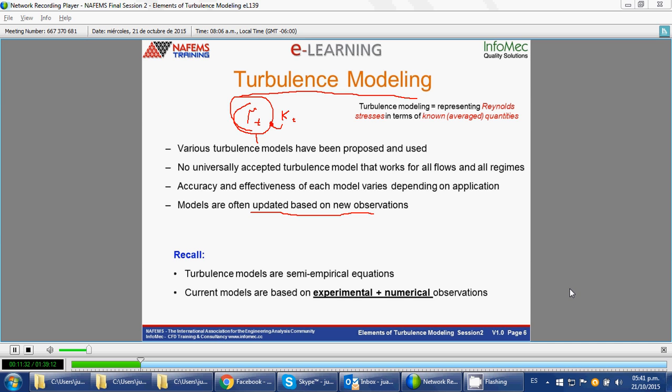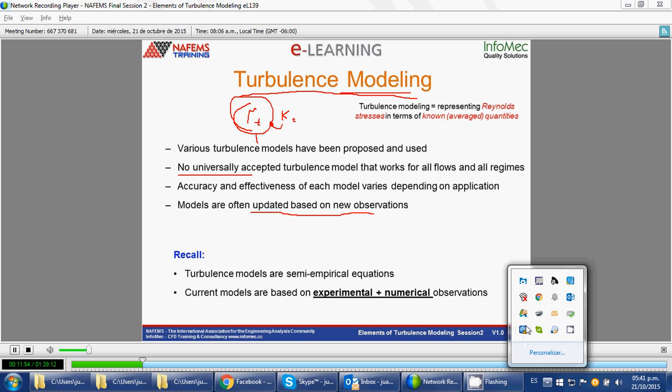That tends to add to the confusion of what we need to use and how we need to use it. That's why we have a course like this to talk about turbulence modeling, because there is not one that is acceptable. There are many different kinds.